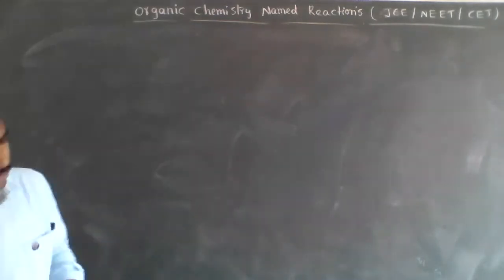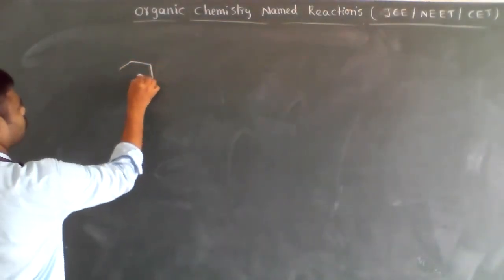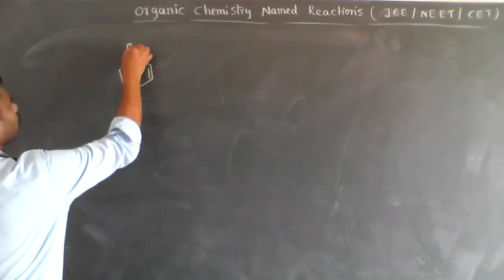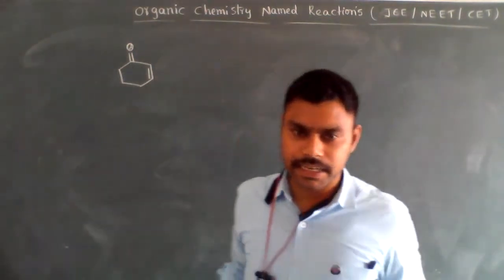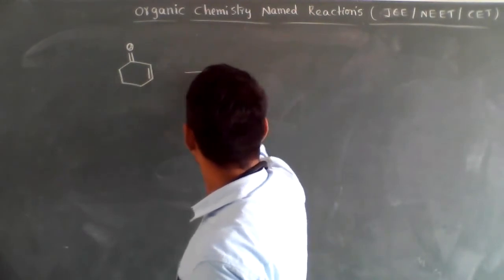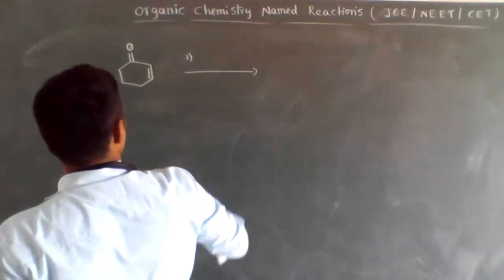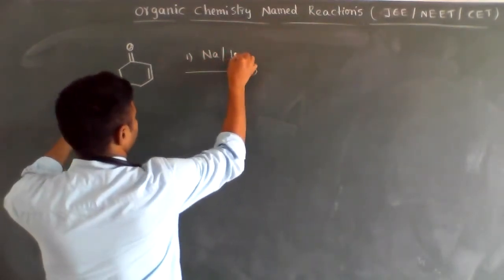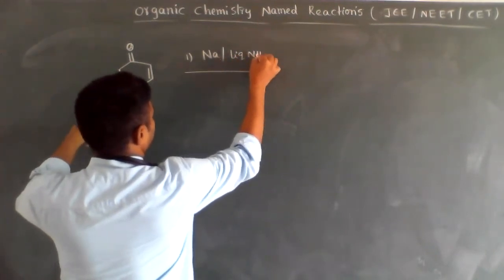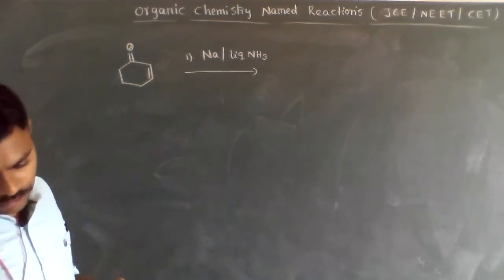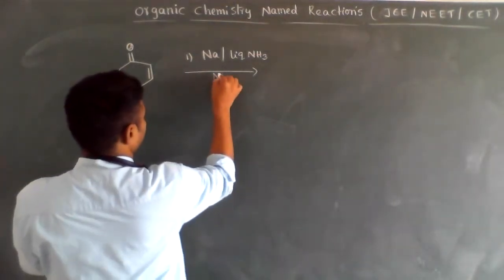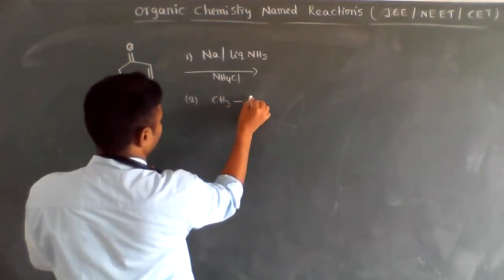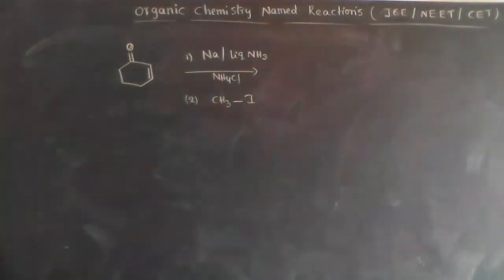An alpha beta unsaturated cyclic ketone is present in the presence of sodium, liquid ammonia, ammonium chloride, and the second important reagent is CH3I, methyl iodide, I used.